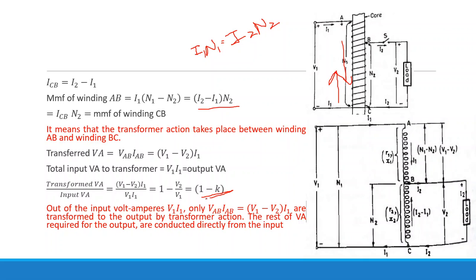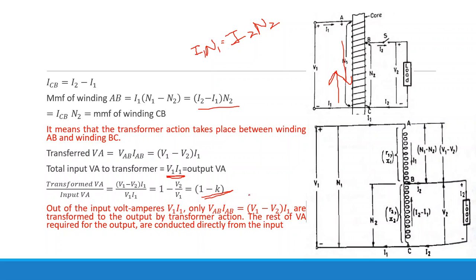So from here after simplification what you are going to get, it is equal to 1 minus K. So basically what we can conclude here, that total input volt ampere is V1 into I1. So only this portion, that is V1 minus V2 into I1, is going to transform to the output, that is on the secondary side, by transformer action.